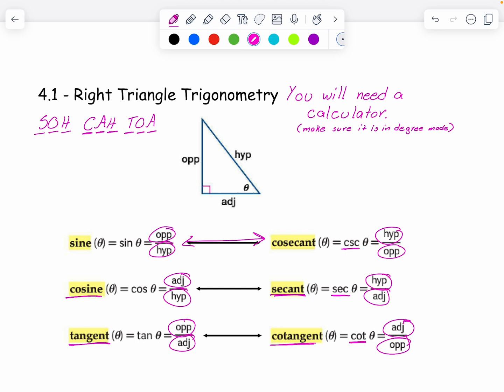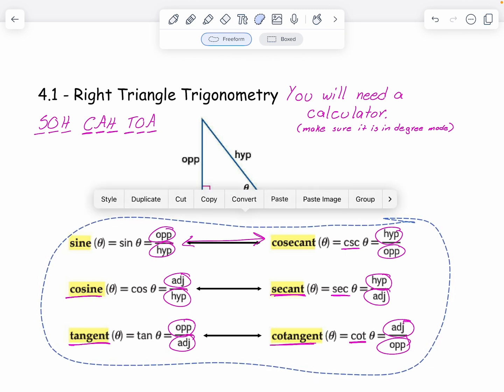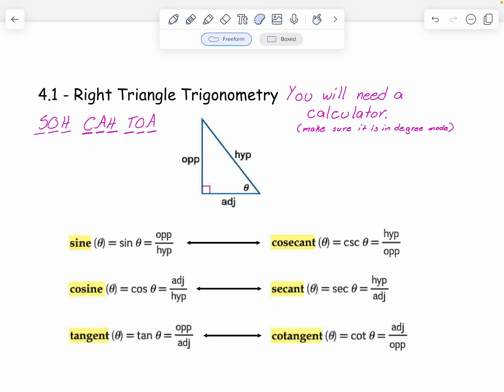Now, I don't necessarily have to have you able to rattle these off to me. What I do need you to be able to tell me, though, is you need to know that sine is opposite over hypotenuse. You need to know that cosine is adjacent over hypotenuse. You need to know that tangent is opposite over adjacent. You need to be able to list those off and know them like the back of your hand.